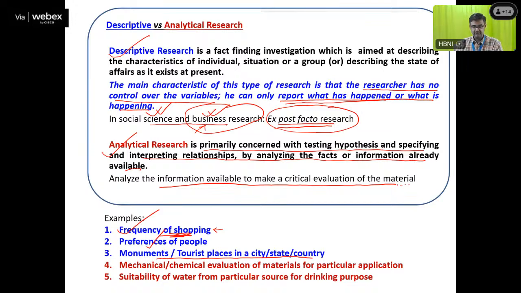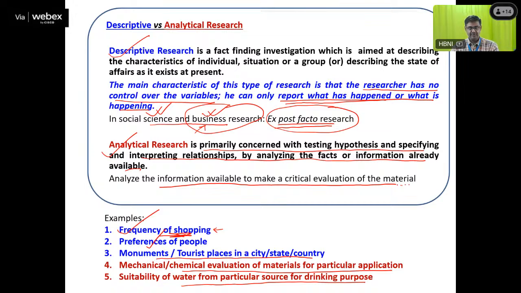Say, for example, mechanical and chemical evaluation of materials for a particular application, or suitability of water from a particular source for drinking purpose. So, as I told you, analytical research. In West Bengal, from where I'm coming, there is a problem in drinking water in certain areas, not everywhere. There is some arsenic in groundwater.